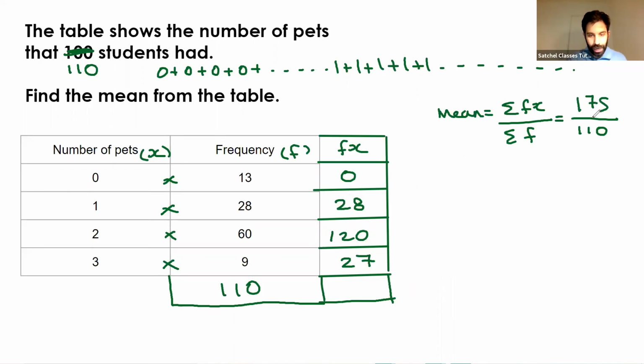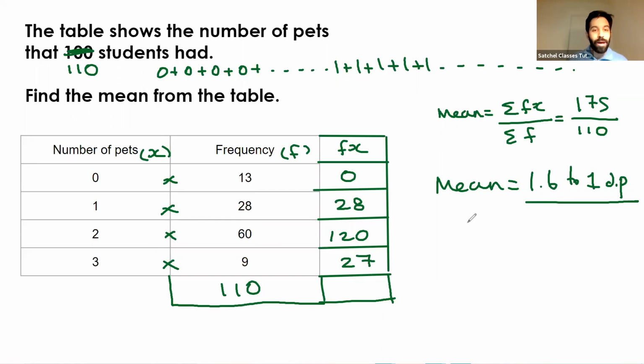Now we'll just double check that. So we'll get 175 divided by 110. So the mean will be equal to 175 divided by 110. That will give us 1.6 to 1 decimal place.